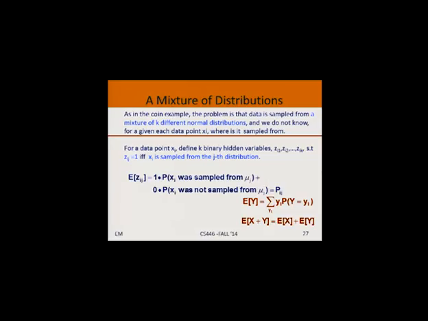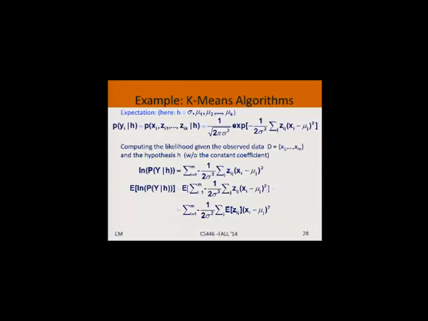So now I can write the likelihood. This is what we want to write: the probability of all the data, in this case written as xi and all the z's. So basically, it's the data and the hidden variables.